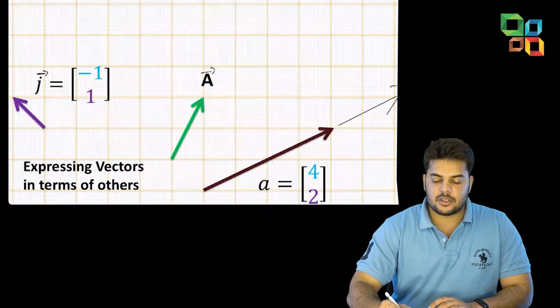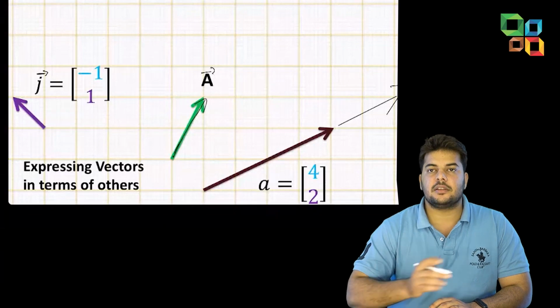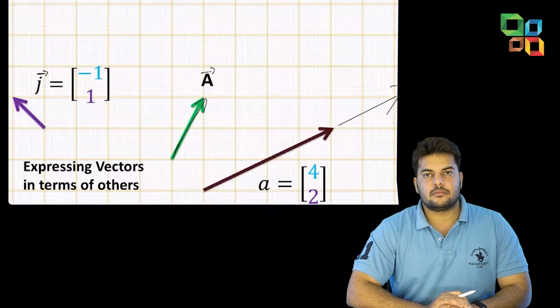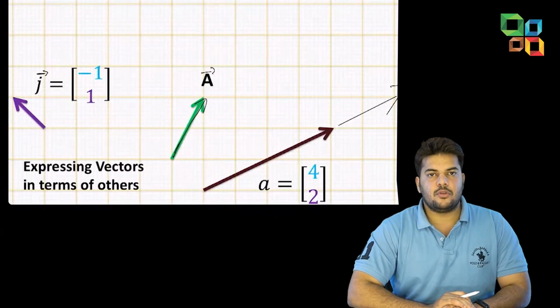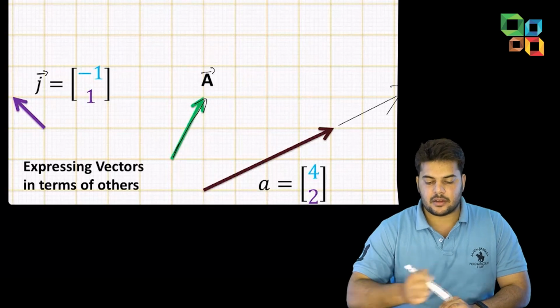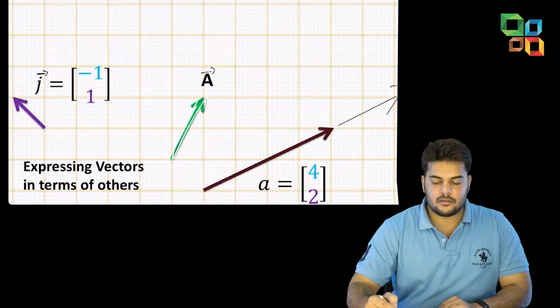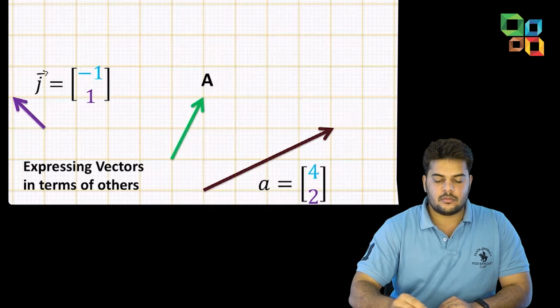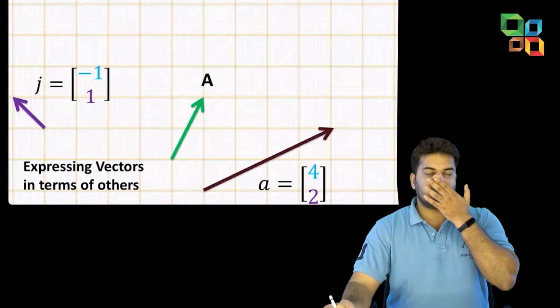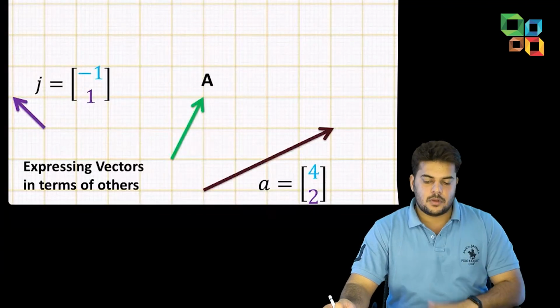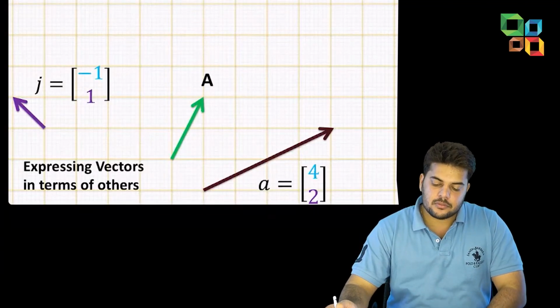So how will you ever get to this point? Can you get a short vector like this? If you have 2 A vectors and 2 J vectors, can you have that vector there? Does it look like it will work? No, sir. Yeah. So you have to rethink your strategy now.